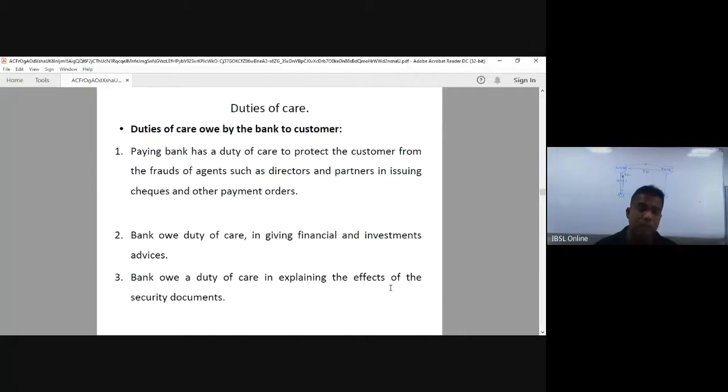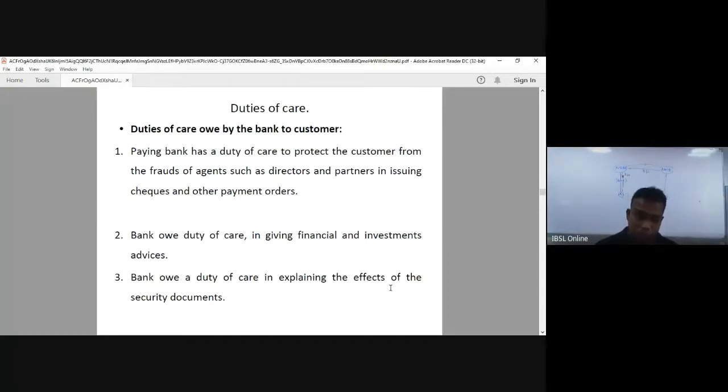Always remember, when you are paying, you have a duty towards the customer, the account holder. You have a duty of care. You have to protect the rights of the account holder. You have a duty to protect the customer, the account holder, from frauds.